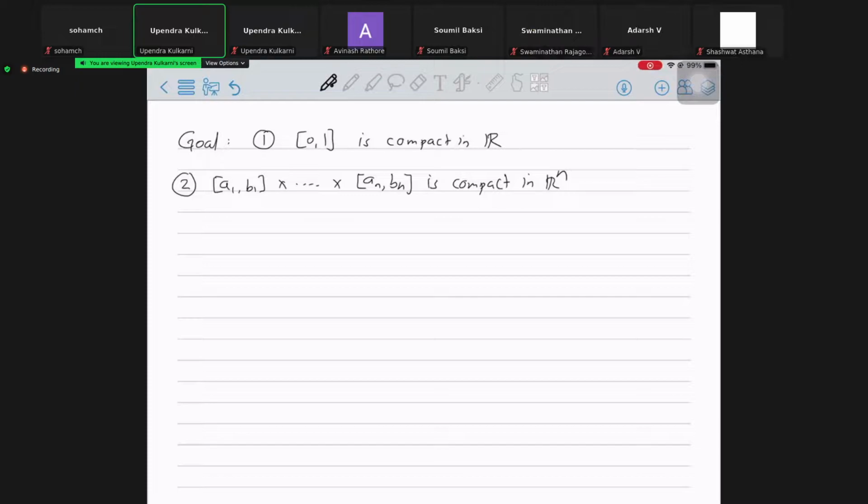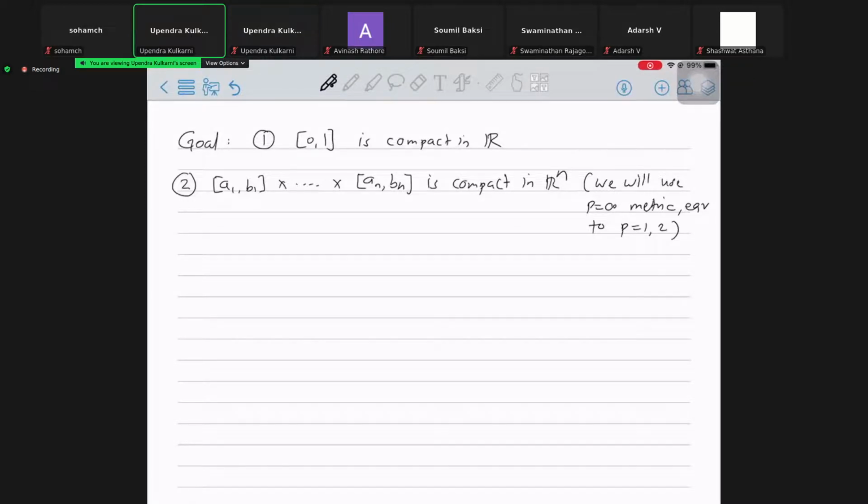So they give the same topology, right? So we will use the P equal to infinity metric, but it is equivalent to P equal to 1 and 2. Okay.